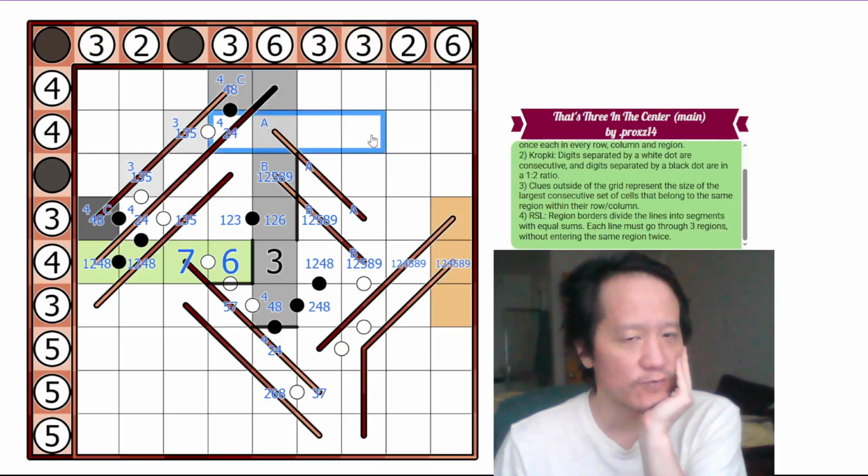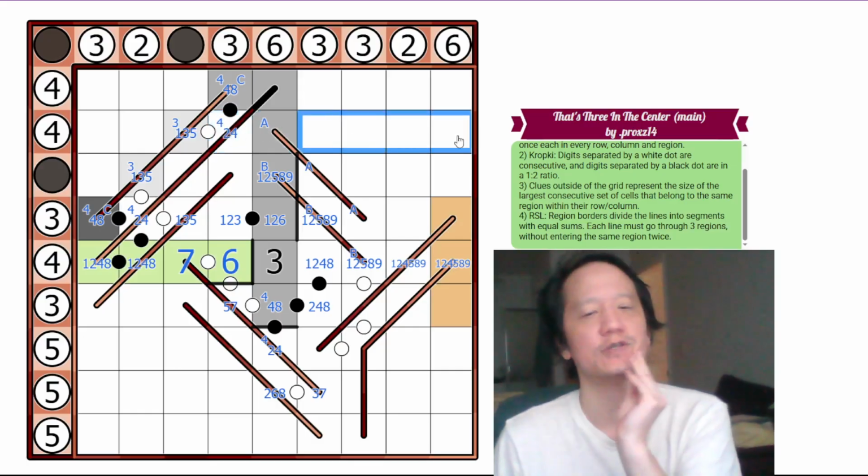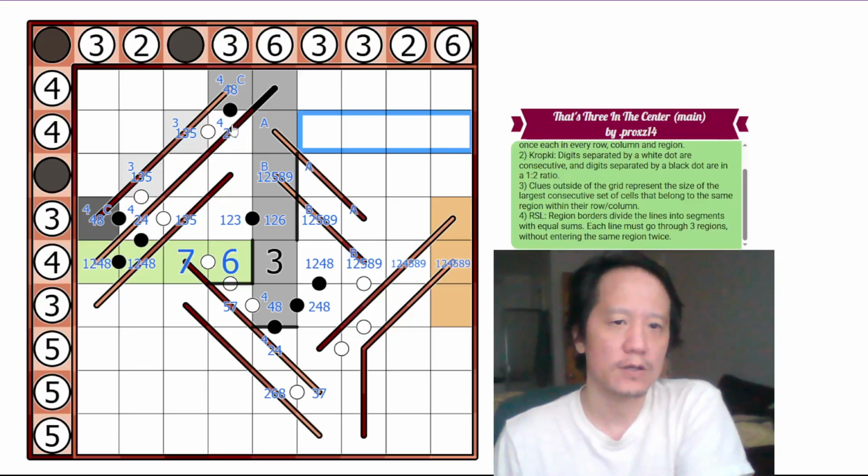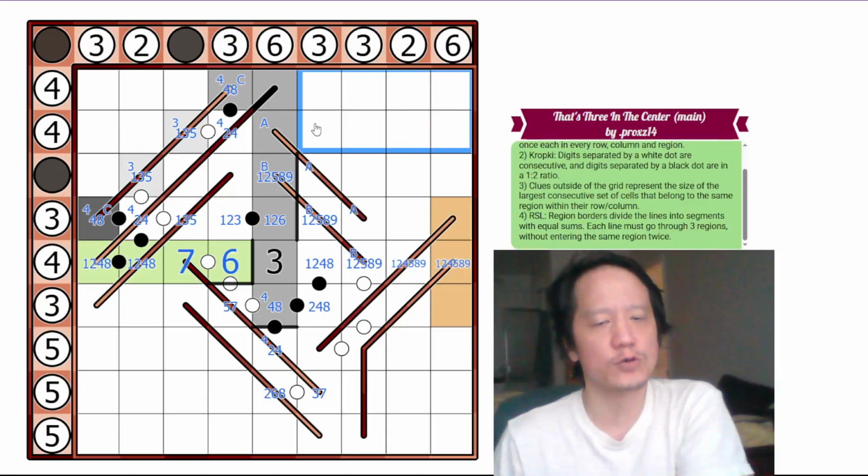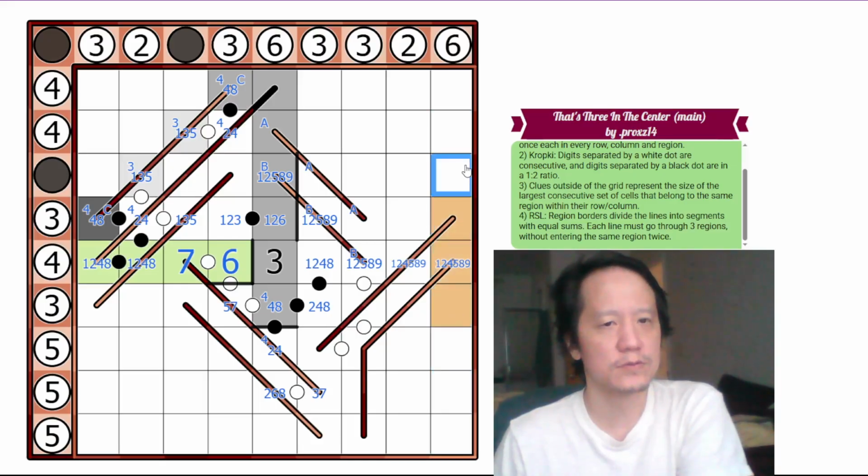So this cannot be 4. This either 4's here, if this is gray, this has to be all the same. And this has to be all the same. So this forms 8 cells which are the same region. Obviously, this 6 would then have to be these 5 at least, and one of these 2. This would be 2 here, so this couldn't be the last part.